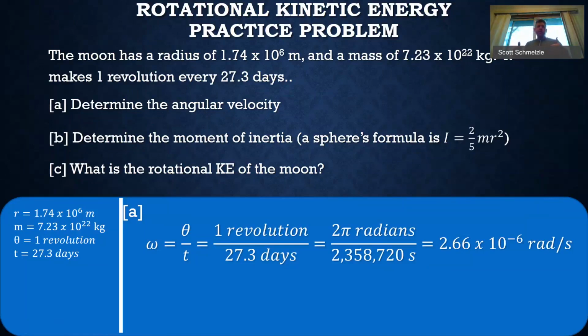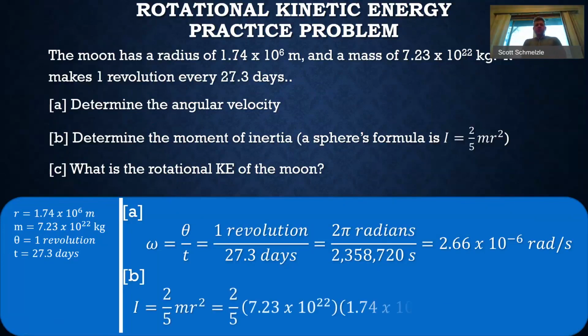Look at that. So pretty standard calculation for us. Hopefully that makes sense. Part B, the moment of inertia. Remember, moment of inertia, resistance to rotation, for a planet this should be huge. Not only is the radius large, but the mass is absolutely ginormous. So when we look at this one, we're going to use that 2/5 m r squared.